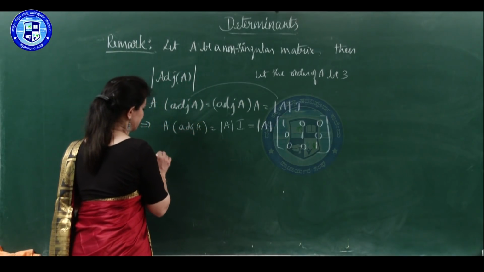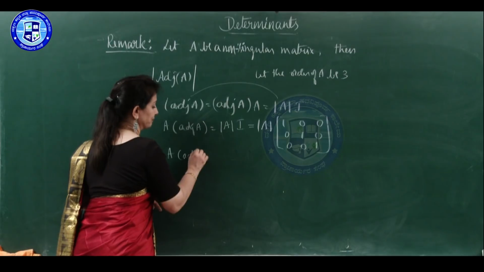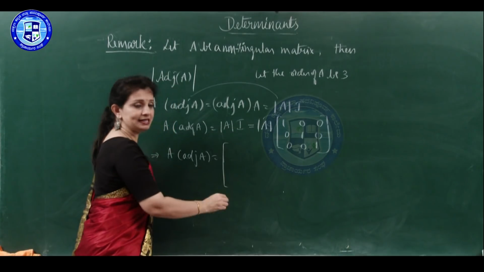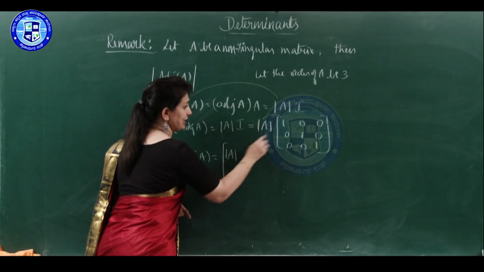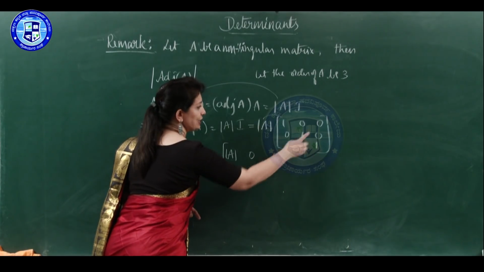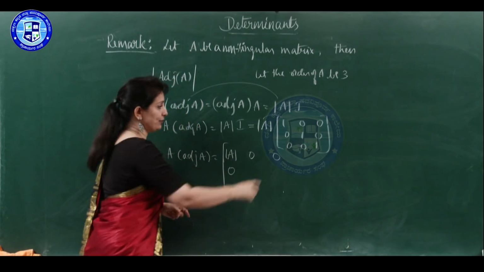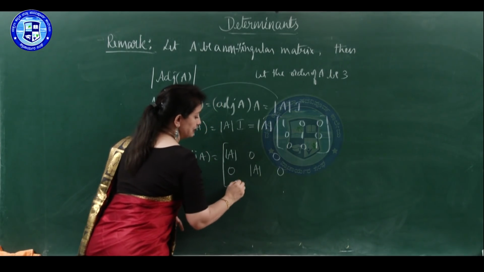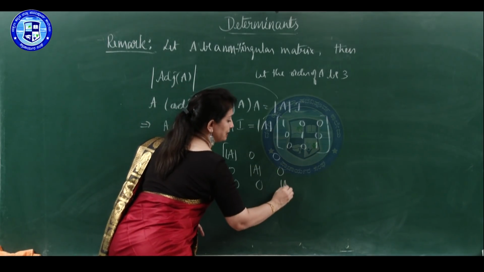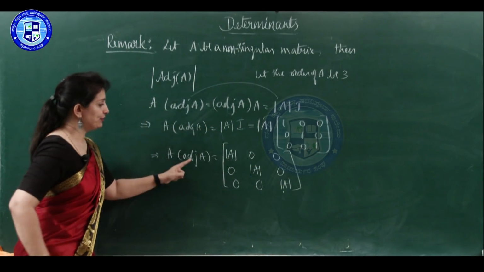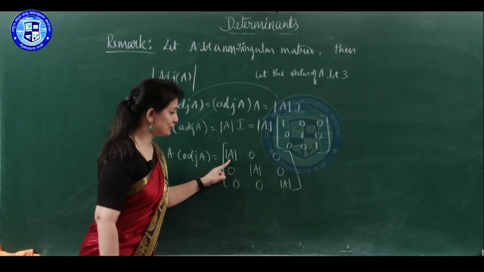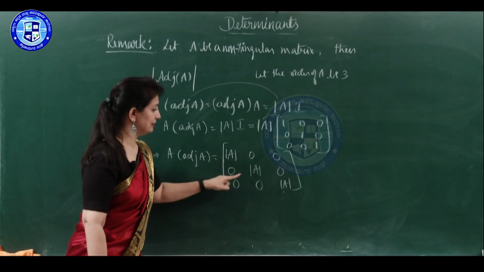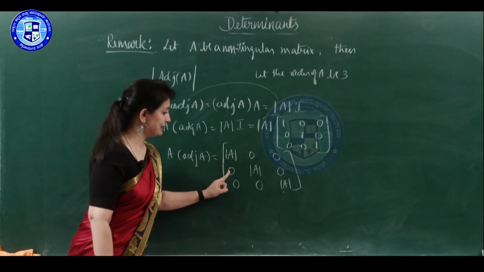So, 1 into determinant A is determinant A, 0 into determinant A is 0, and so on. So, A into adjoint A is equal to a square matrix of order 3 where the diagonal elements are determinant A and the rest are 0.